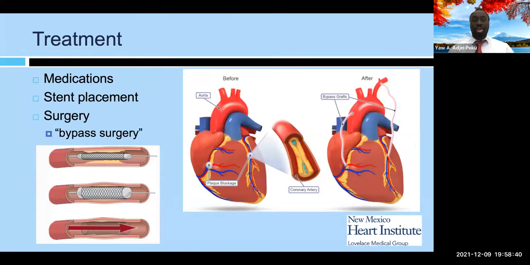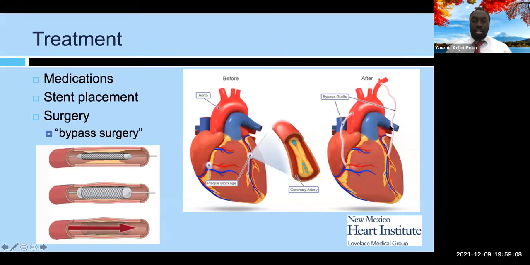Now, what if someone has multiple different blockages, or there are too many blockages where we can't put a lot of stents in? That's where you hear of a procedure called bypass surgery, where typically a cardiac surgeon takes a blood vessel from your leg, connects it to the aorta, and bypasses the area of blockage.